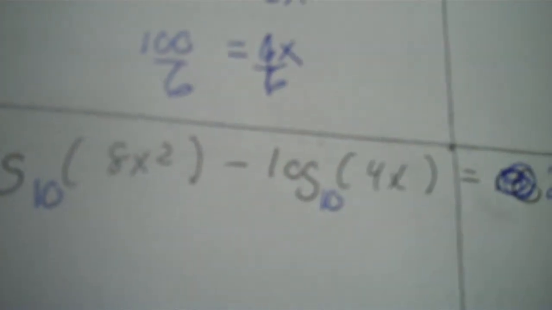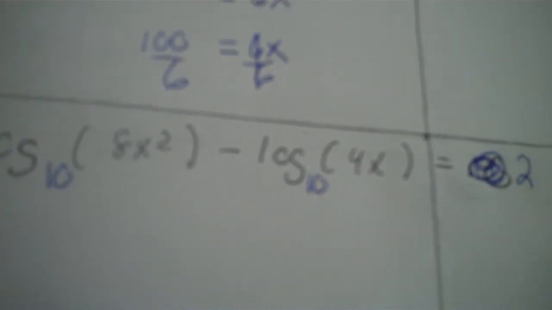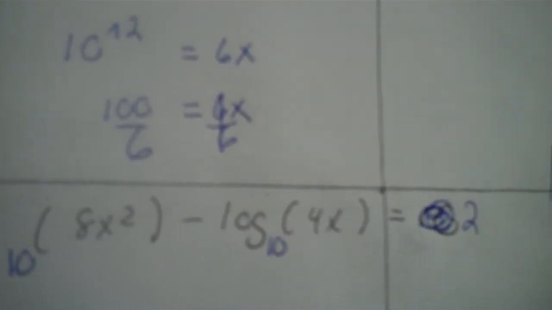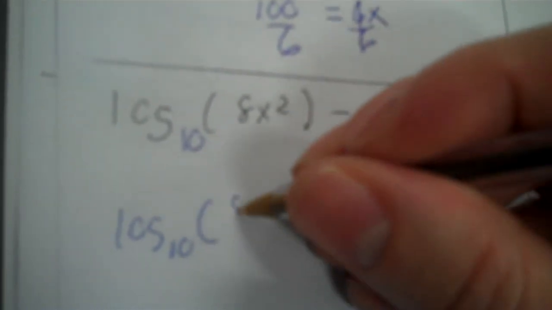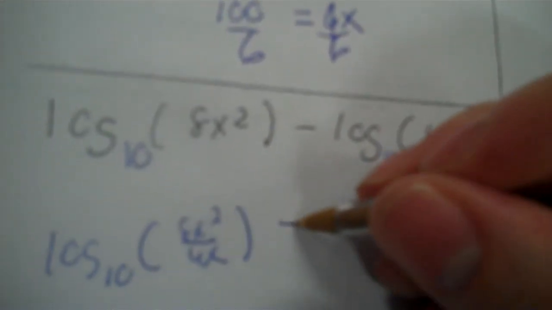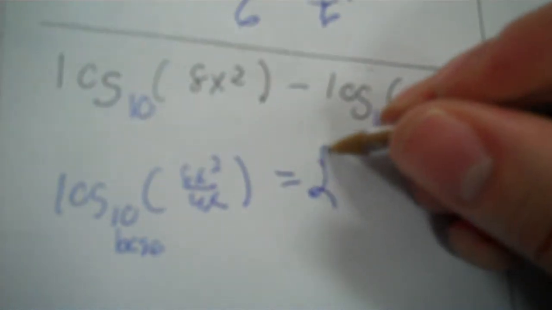Okay, last problem. Log base 10 of 8x to the second minus log base 10 of 4x equals 2. So first let's get it down to a single logarithm. It's minus again, so we're going to have the 8x to the second divided by the 4x, equals 2. Now, base, power.